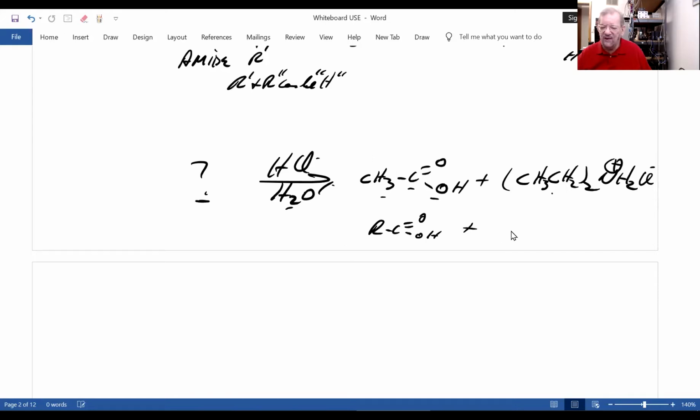Two R groups on a nitrogen with two hydrogens and a chloride anion. That's an amine salt. And what do you react with HCl and water? An amide.